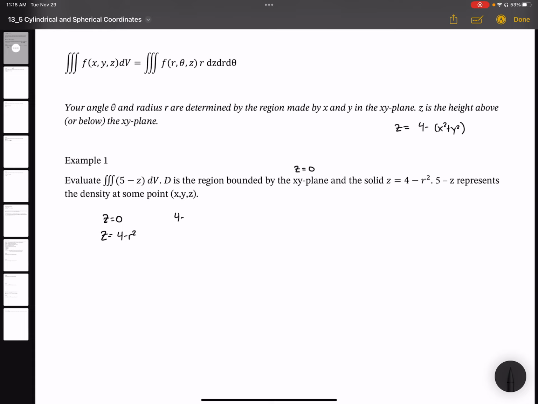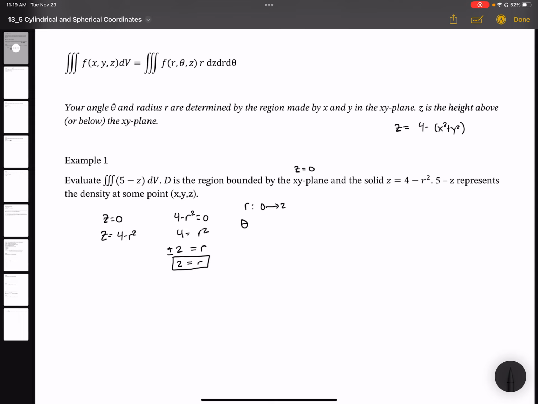All we're saying is that 4 minus r squared equals 0, so 4 is equal to r squared, and plus and minus 2 are equal to the radius. For anything geometric, only the positive is going to really matter. So we know our radius is 2, and our limits for r are from 0 to 2.